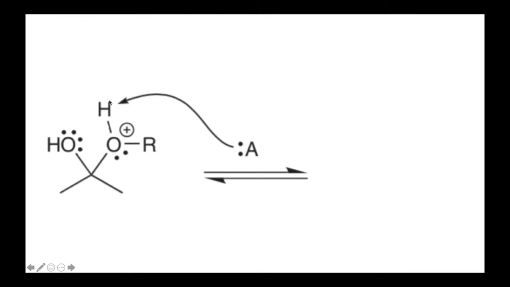That A- will accept a proton, but not from a hydroxyl. It'll instead accept it from the ether group, this alkoxy group, because it has that positive formal charge on the oxygen. So to get rid of it, we'll have acid-base proton transfer, and that'll move back the lone pairs onto the oxygen, and now I have my stable hemiacetal group, deactivated hemiacetal group.